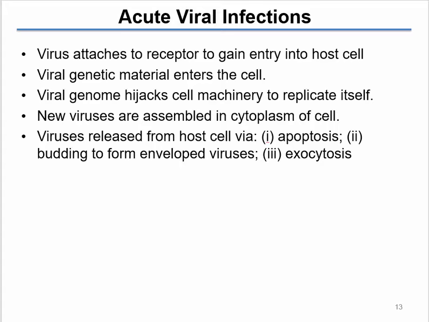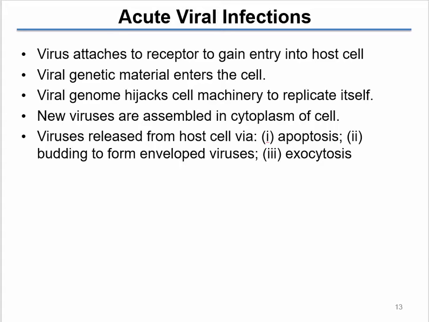And so it takes over that protein synthesis of the cell. And so the new viruses get assembled within the cytoplasm of the cell, and the cell just fills up with virus, all new virus.